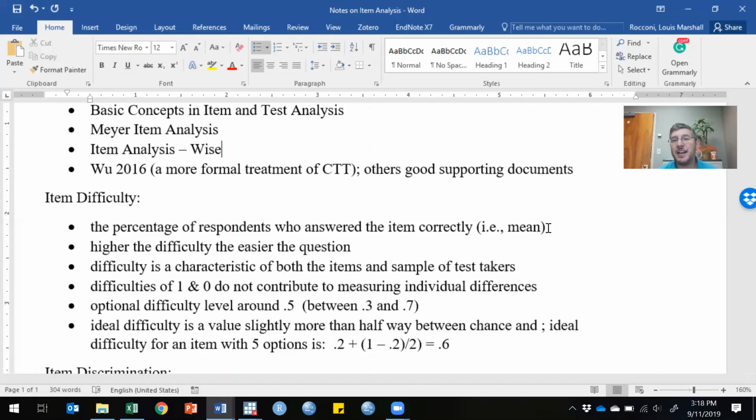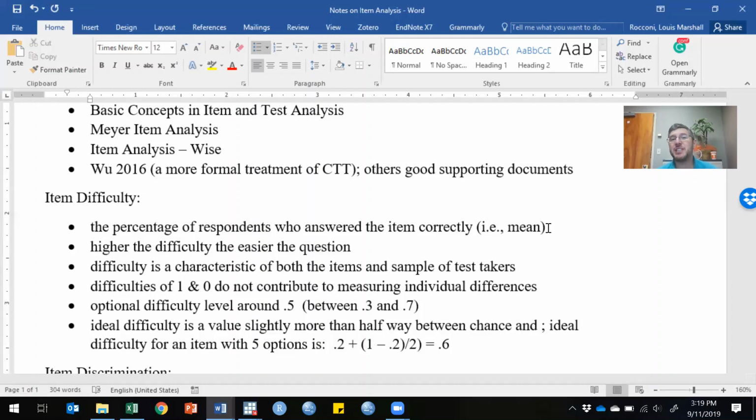So let's say we had a 5-choice multiple choice response: A, B, C, D, and E. If you were just guessing across all the items, you'd have a 20% chance of getting the item right, with 5 options. So the ideal difficulty for an item with 5 options would be slightly more than halfway between that and 1, which is about 0.6.